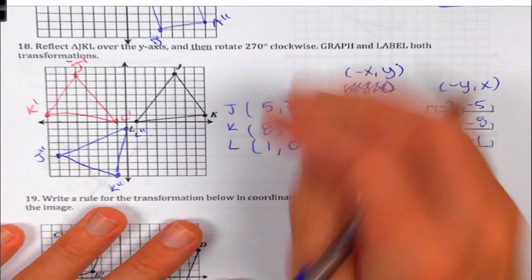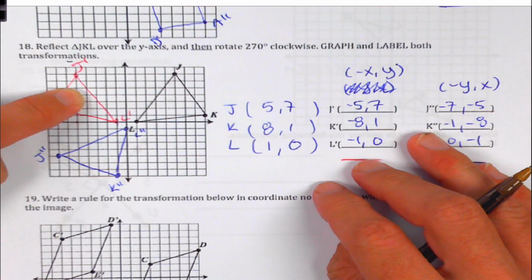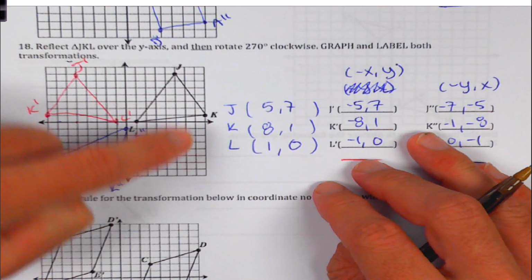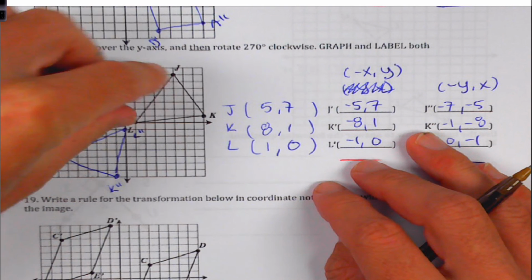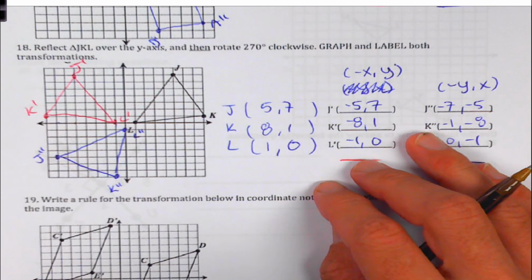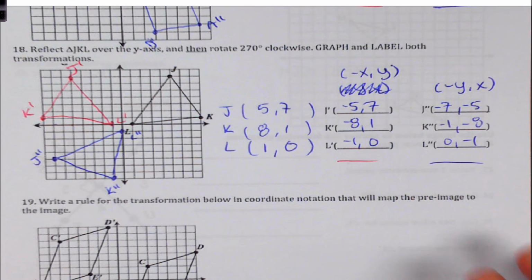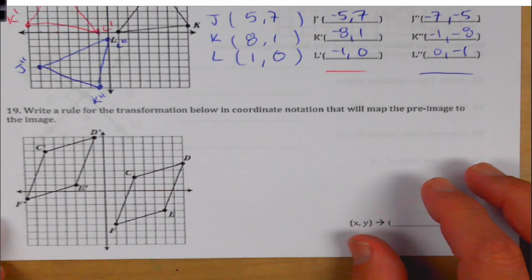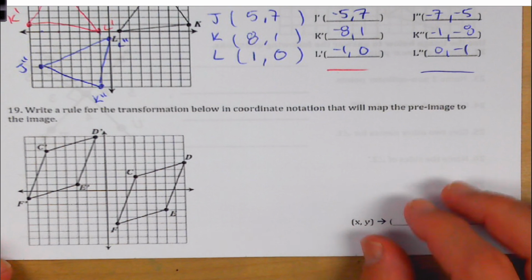This one might be harder to see, but I'm going clockwise, 90, 180, 270. And so I can see that would make sense. The J is going to end up way over here, K is here. I'm happy with that.